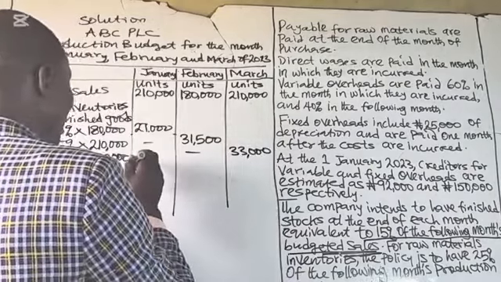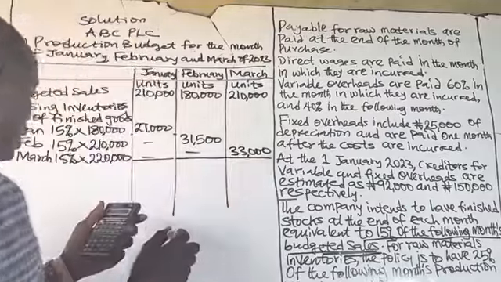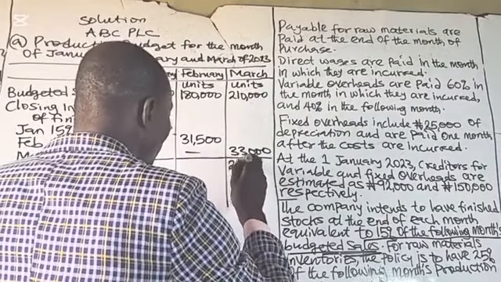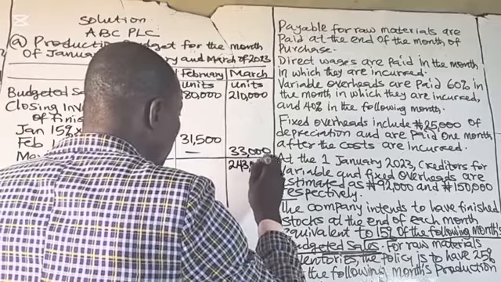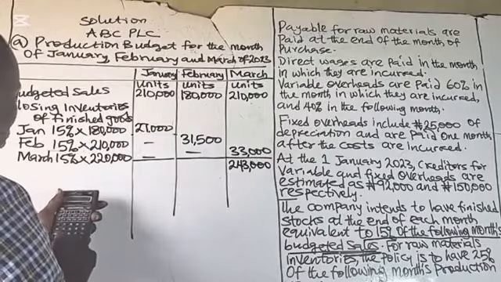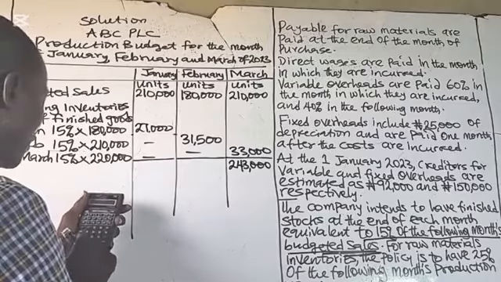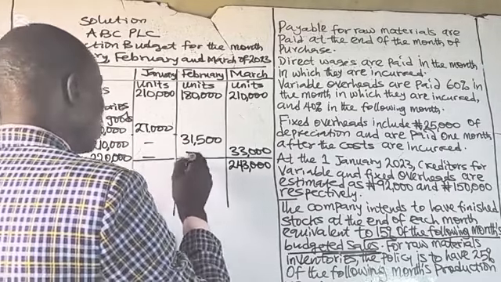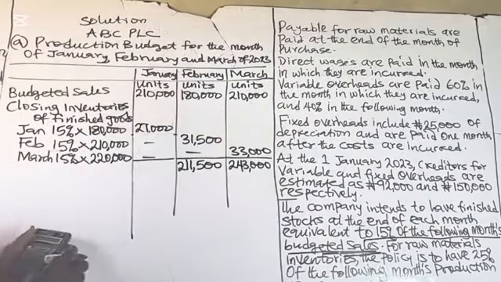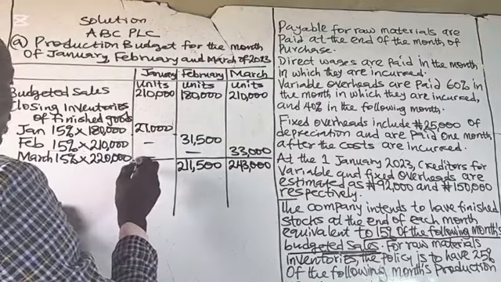That is the closing inventory. So if you add the closing inventory, 33 plus 210, that will be 243,000. Then 180,000 plus 31,500, that is total 211,500. Then 27,000 plus 210,000, that is total 237,000.